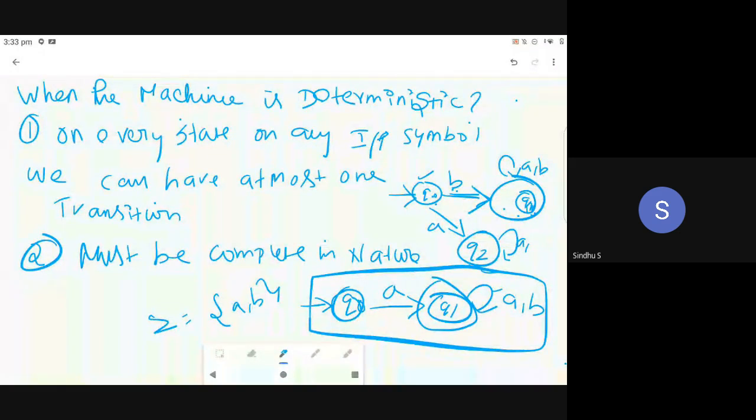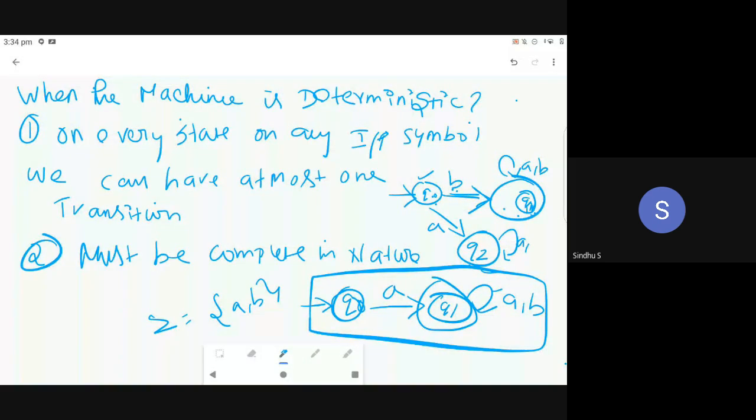A comma B. Did the Q naught encounter the input symbol B? No, ma'am. It means that the machine is not complete. That is not allowed in DFA. Keep this in mind. This is very important. Whenever you construct a DFA diagram, it should be deterministic. If I say it is deterministic, every state should scan every given input.